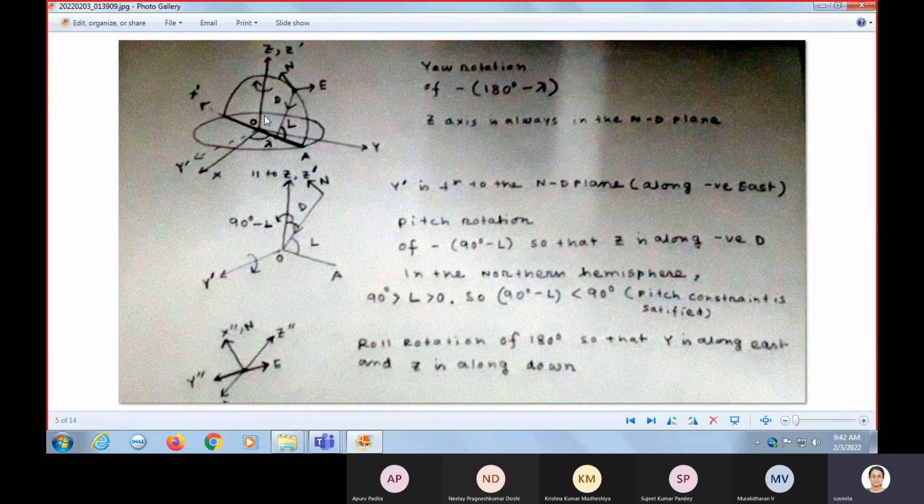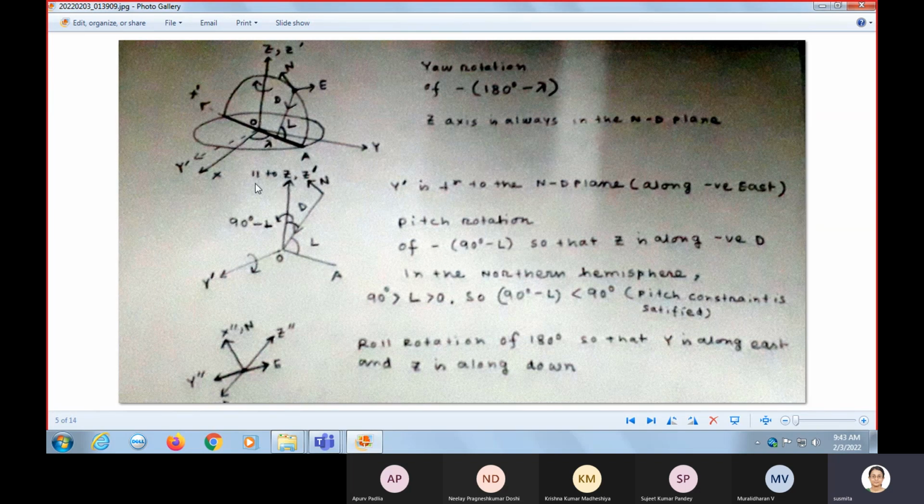We just shift this left so that this point is at O. And this is what is shown in this figure. We know this angle is L. So L is the angle that this line makes with the horizontal. Then this angle must be 90 minus L, which is the angle between the down axis and the Z.